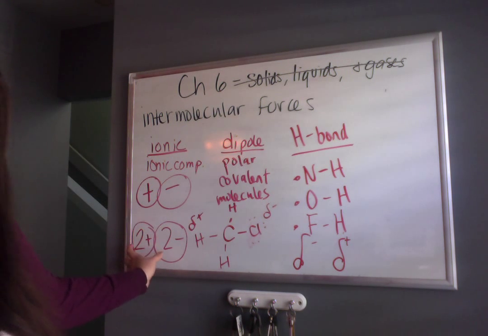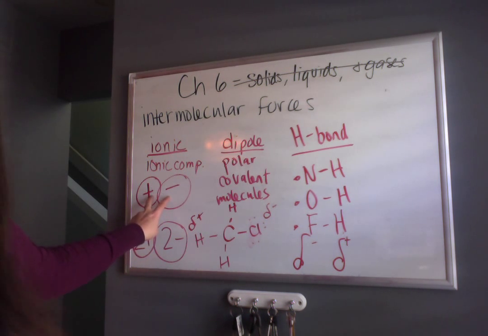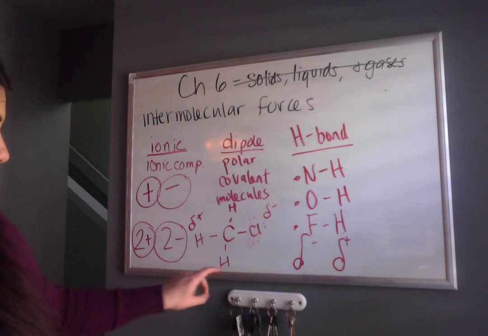So if I have a stronger attractive force between 2 plus and 2 minus than I have for a +1 and a -1, what about looking at the partial charges?